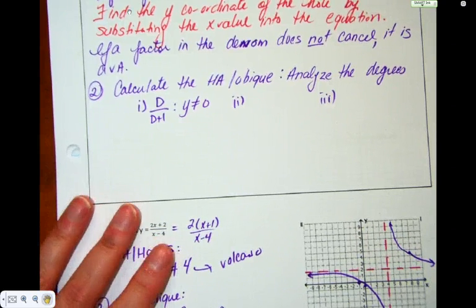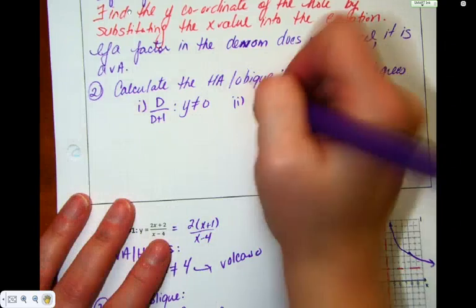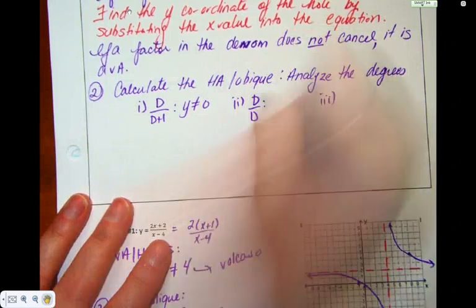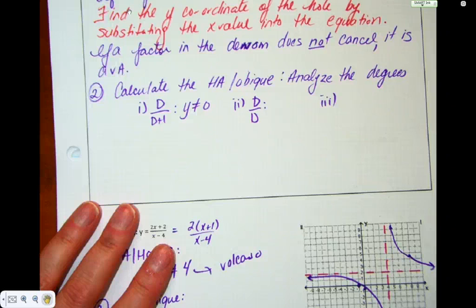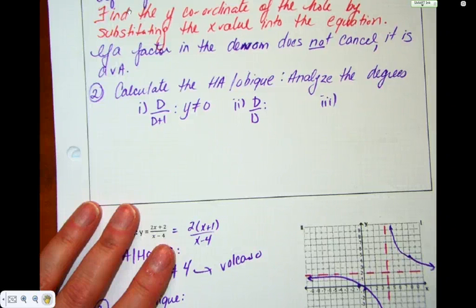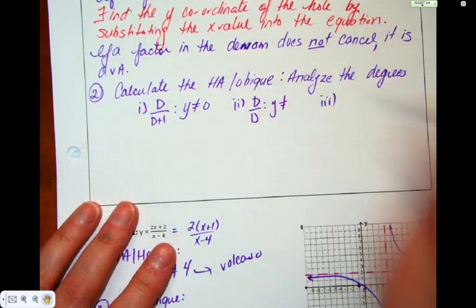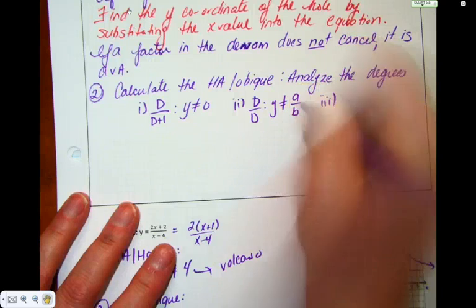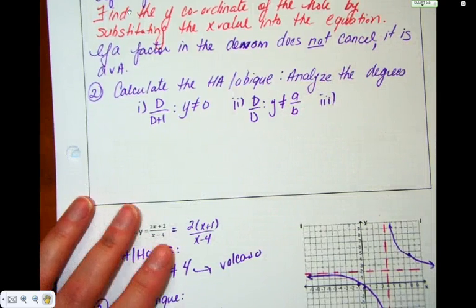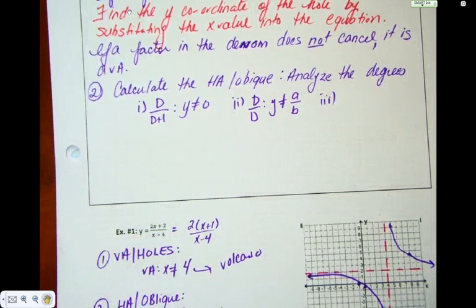Second situation, degree over degree. Y cannot equal, and we call that A over B. If you don't think you're going to remember that, then just make a note. It's the leading coefficients.